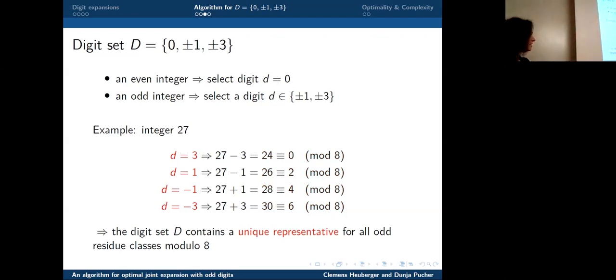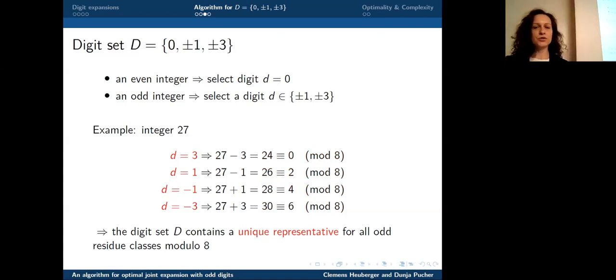And I have highlighted unique representative because this is an important property of this digit set. So this is not a general property that all representatives are unique, but in case of this digit set, it is. Okay, and based on these simple observations, we define some functions.